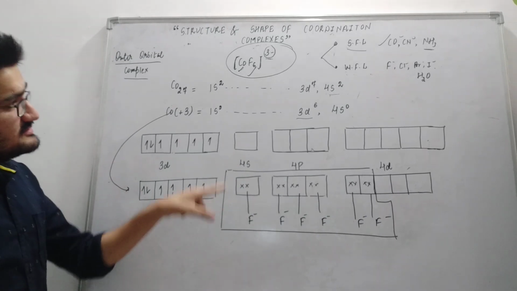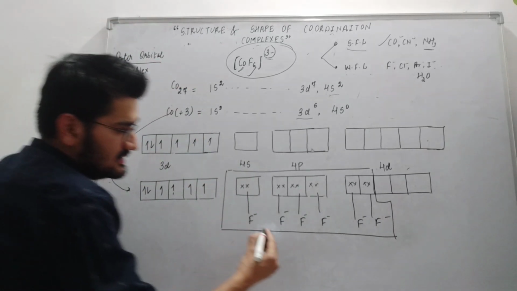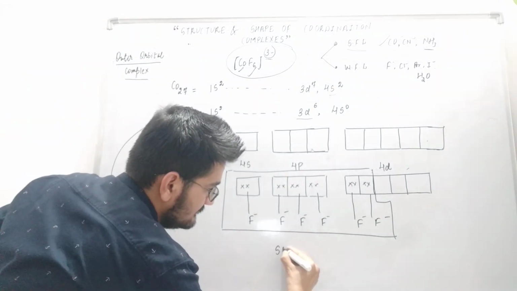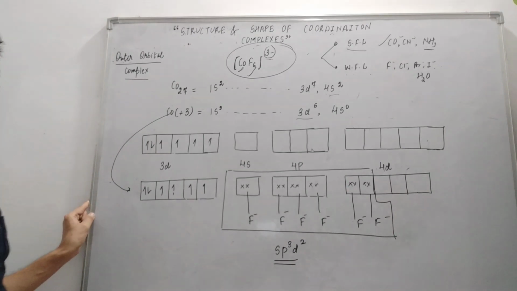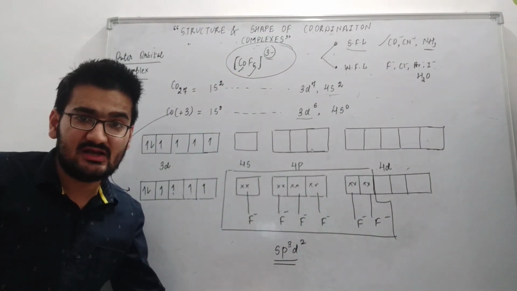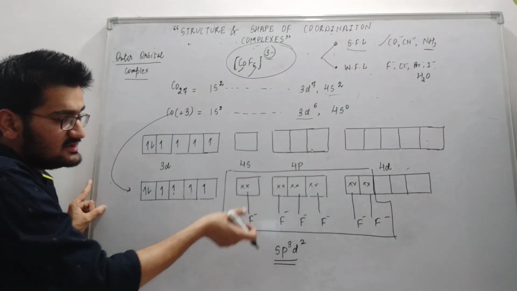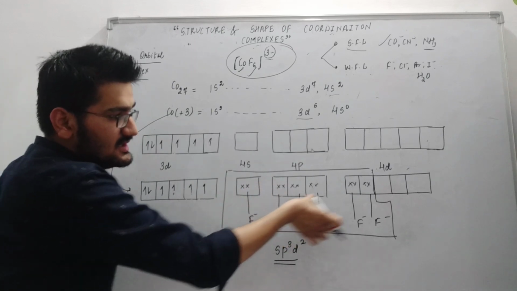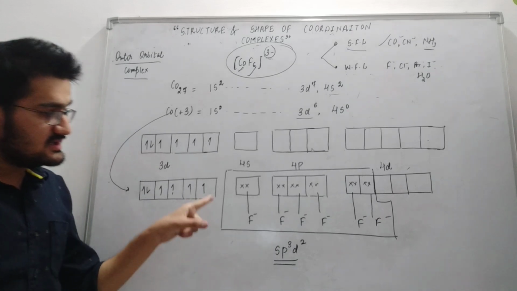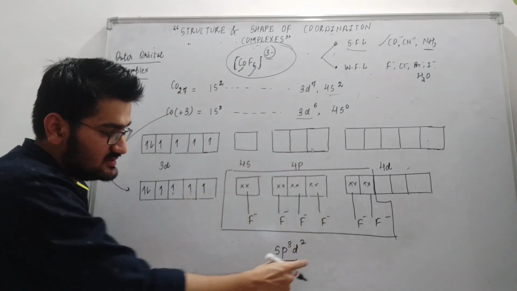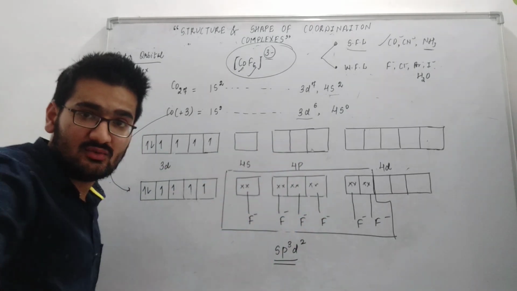So the hybridization will be sp3d2. Means in this complex the hybridization will be sp3d2. Why sp3d2? Because 1s, 3p and 2d orbitals are taking part in bonding, or we can say taking part in hybridization. So the hybridization will be sp3d2.